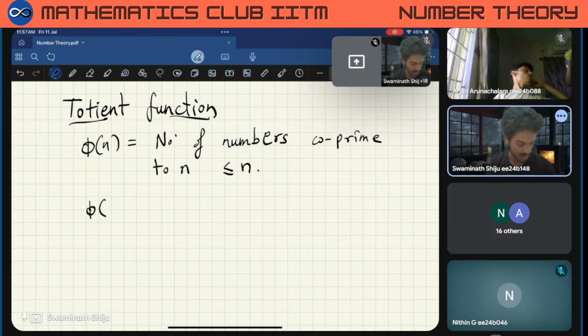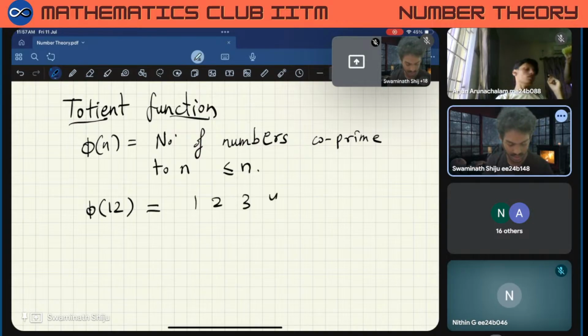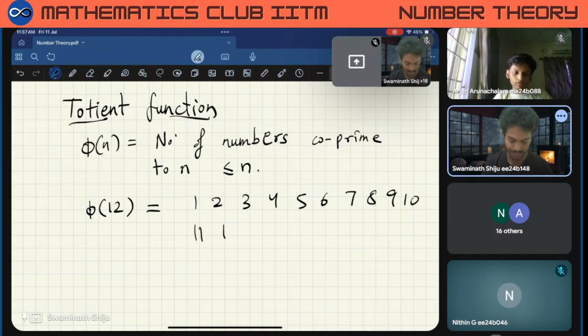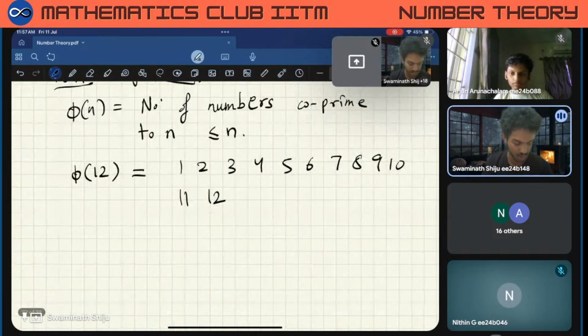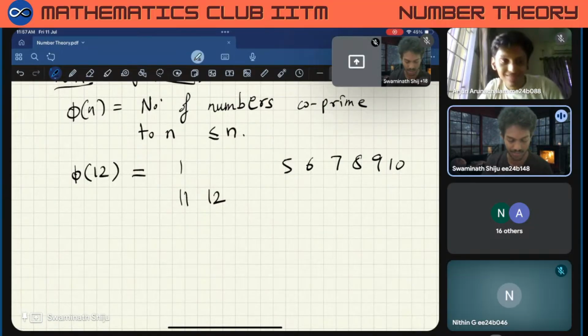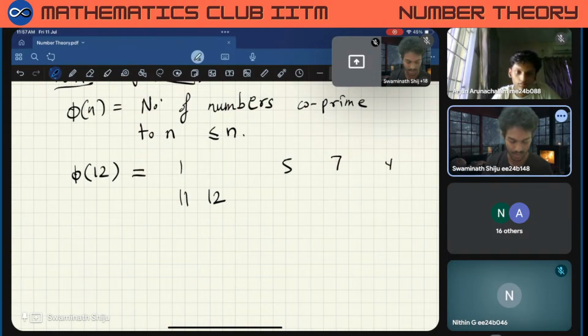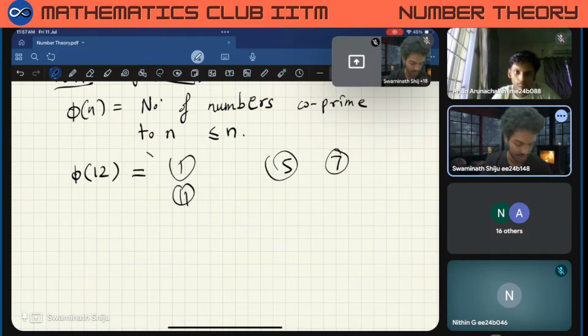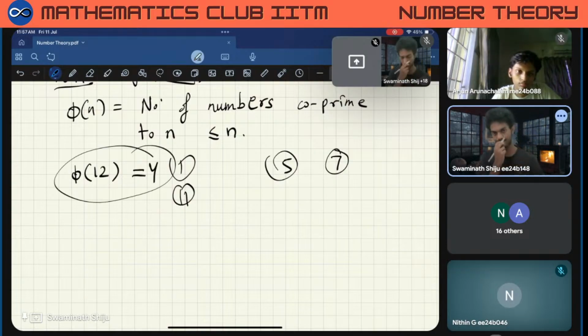So let's find phi of 12. First we'll write down all the numbers up to 12. 2 is not coprime, 3 is not coprime, 4 is not coprime, 5 is, 6 is not, 7 is, 8 is not, 9 is not, 10 is not, and 12 is not. So we have 4 numbers. So phi of 12 is 4. Okay, easy enough to accept.